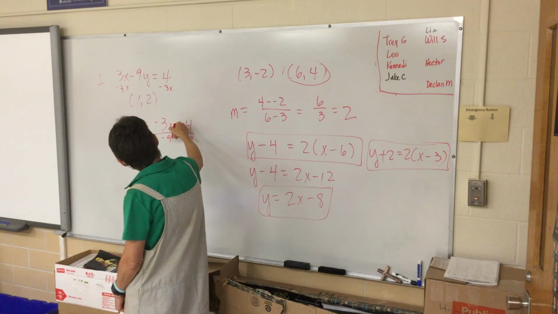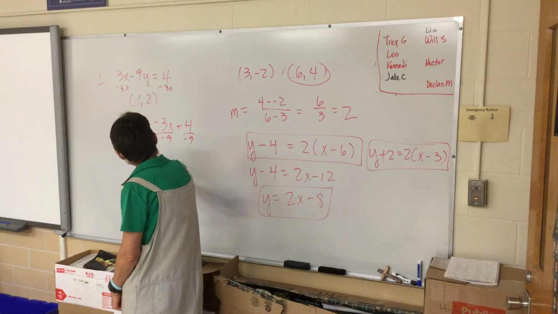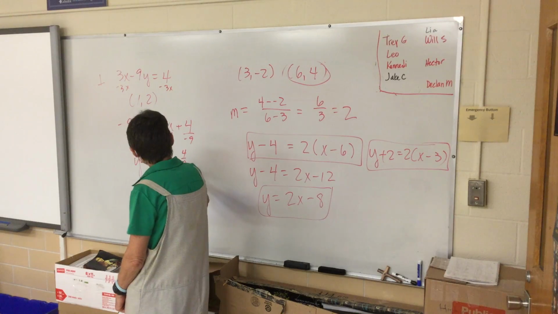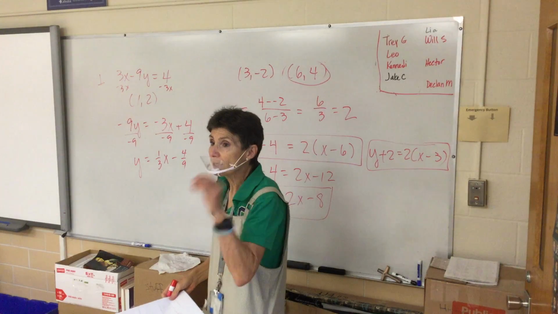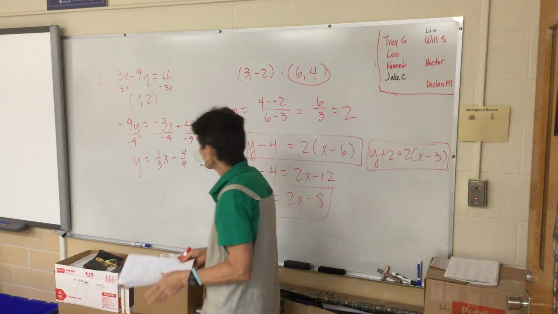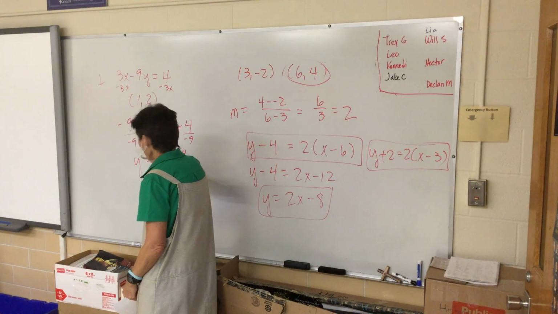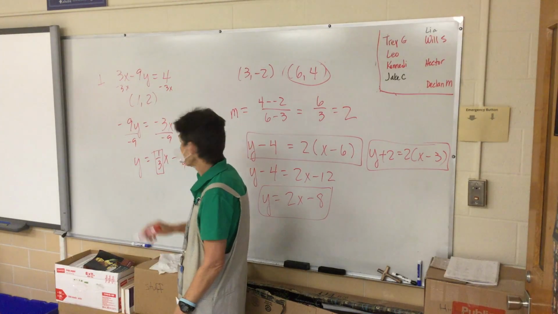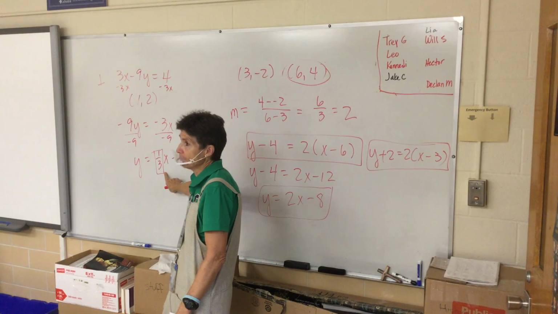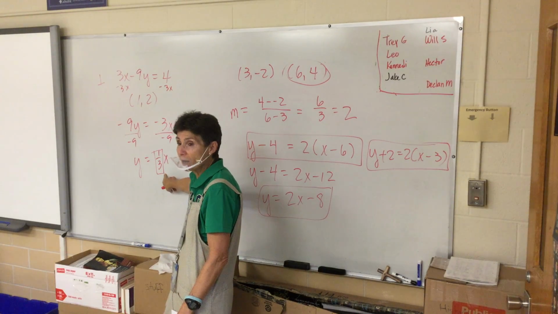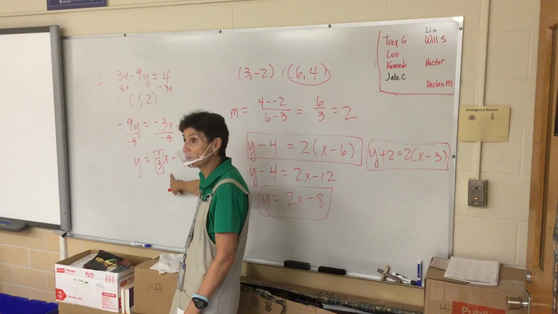And that reduces to 1/3. Now the only part of that equation you care about is right here, right? I don't care about the rest of this. That's all I care about. The slope of this line is 1/3.